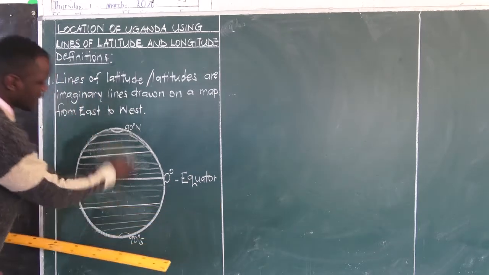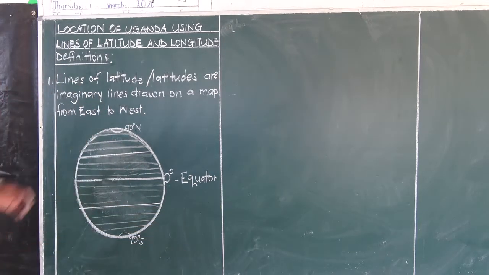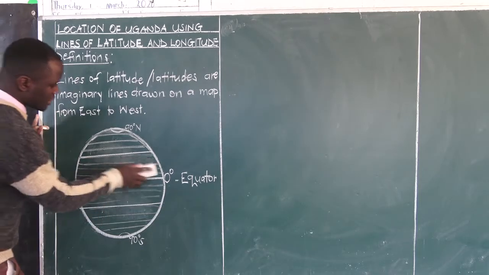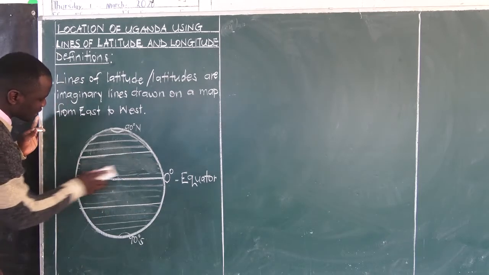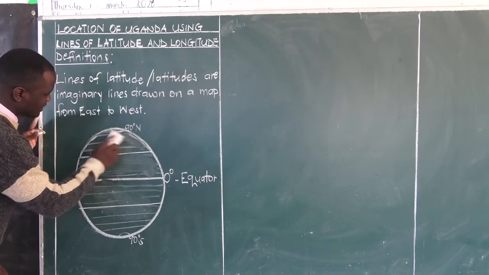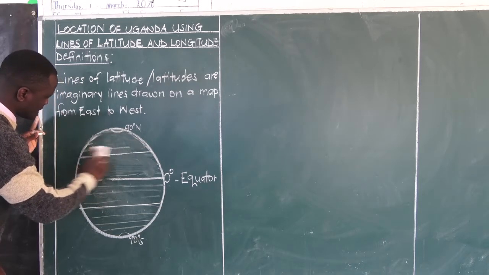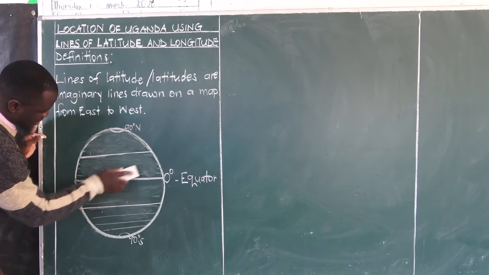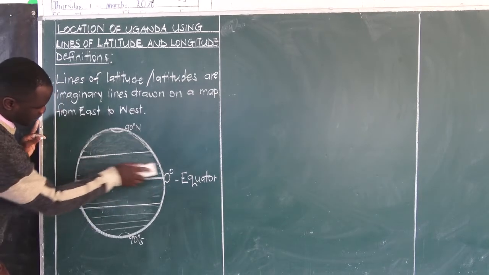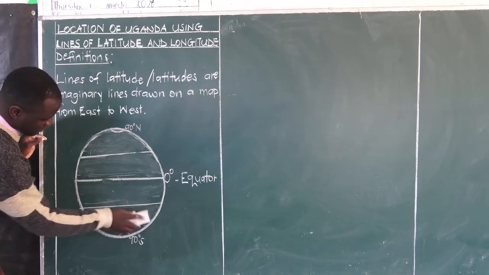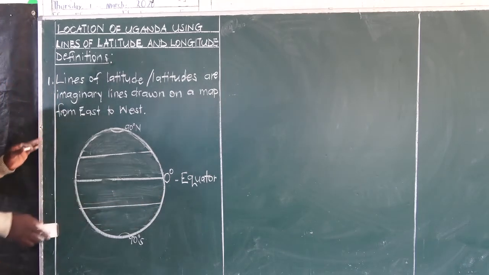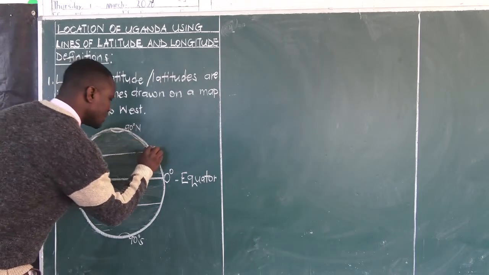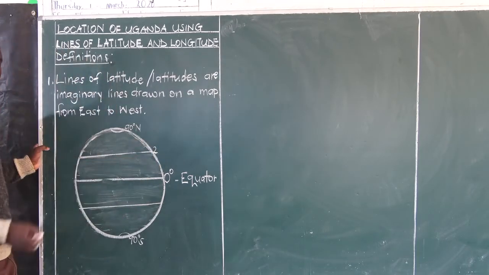Of course, they are of the same distance. So, if we remove these other ones because they are minor, and take the major ones, we shall find another important line of latitude up here.